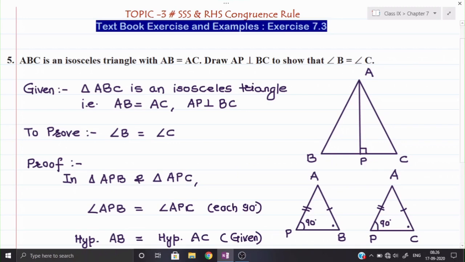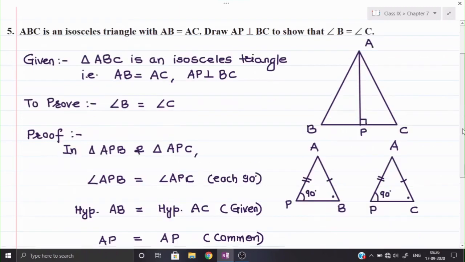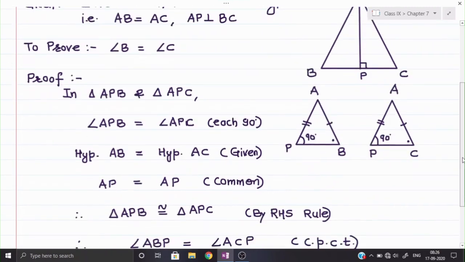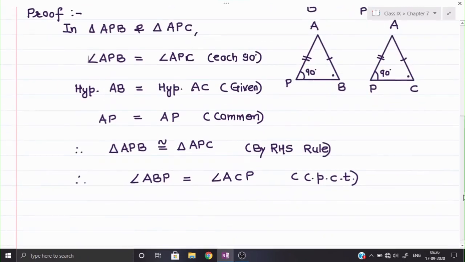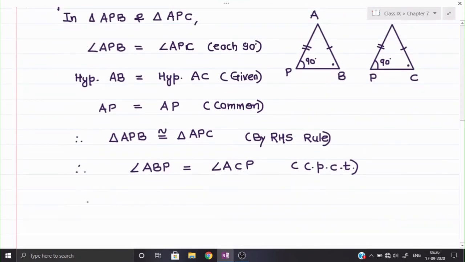Angle ACP, in short we can write down angle C. The full name will be ACP, or you can write down ACB also. But in short you can write down angle B and angle C. So here we will write down angle B is equal to angle C.